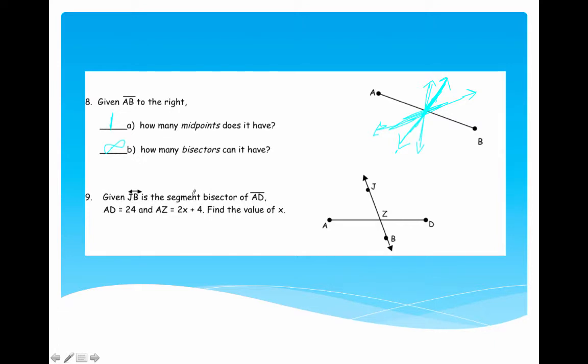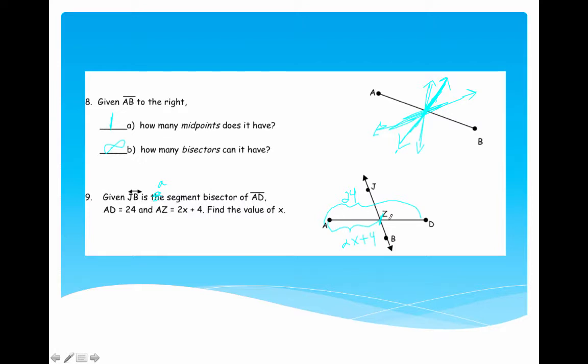Given JB is the segment bisector of AD, so this line is splitting these two. If AD is 24, so this whole length is 24, and this is the middle of it, remember, AZ is 2x plus 4.